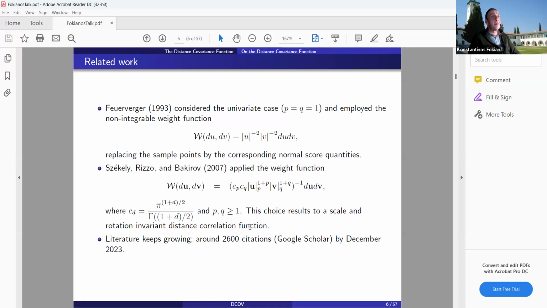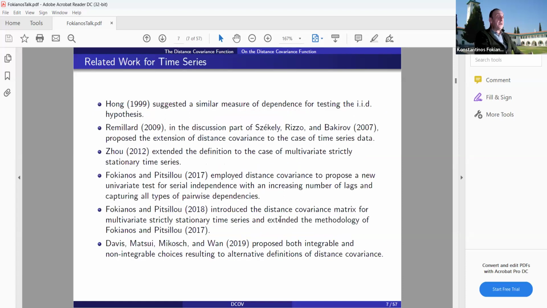The literature on this topic keeps growing. By December 2023, I found around 2,600 citations. So people are interested in this and have done a lot of work. There is also work on time series, since we are interested in describing time series.